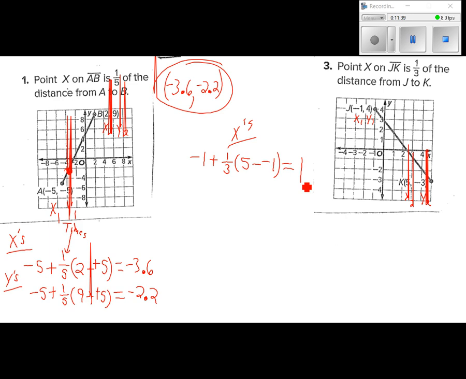For the y's, what's our y sub 1? Fraction 1/3 again. y sub 2, and -3, minus y sub 1, 4. Type all that into your calculator.